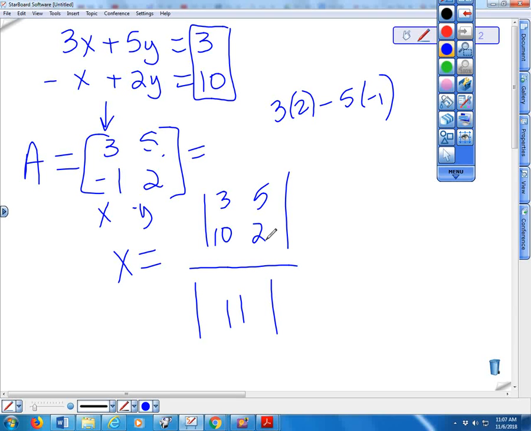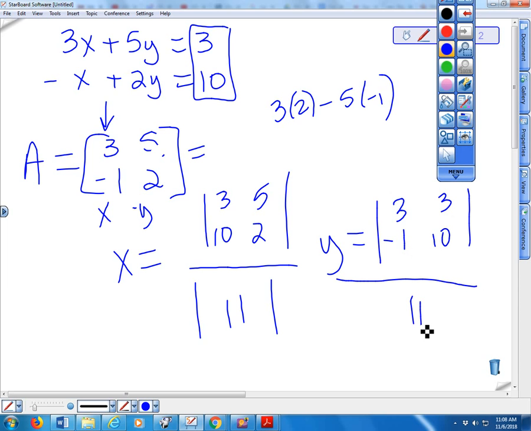Everybody follow what I did? Replace the first column with the constants. Okay, how do you think you're going to find y if we follow the same pattern? Replace the second, Blaine said. Replace the second column with the constants. 3, -1, 3, 10. And that's also going to be over 11.